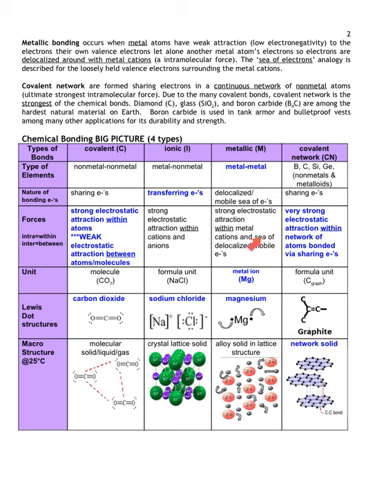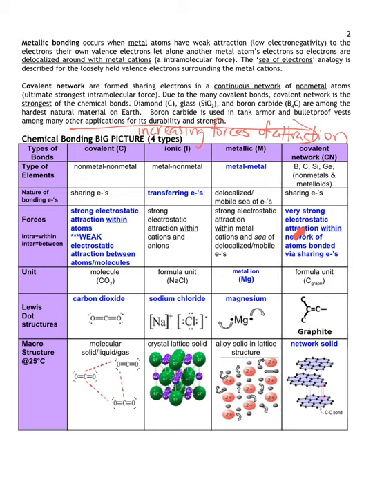Metallic bonding is also an intramolecular force, and that's why the forces of attraction are increasing as you go this way. So this is increasing forces of attraction. The strongest one is in fact the covalent network, and if you look at the wording, it tells you that's the strongest one.